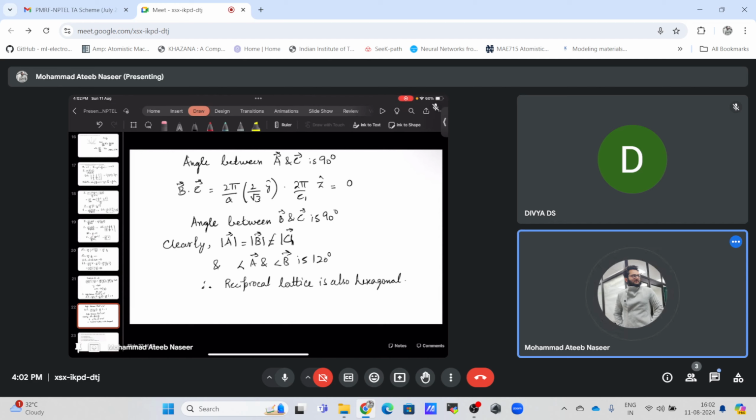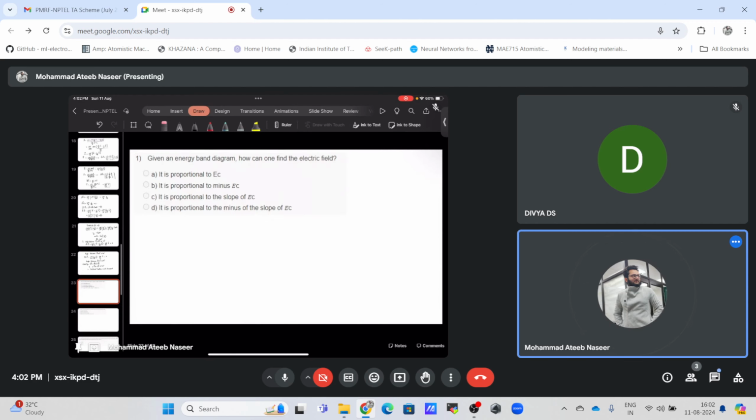Now let us move to another problem, and please, if you can, type about the problem solution, because it's just a theoretical problem. It says that we have an energy band diagram, and we have to find the electric field, and how this electric field is related to the conduction band.